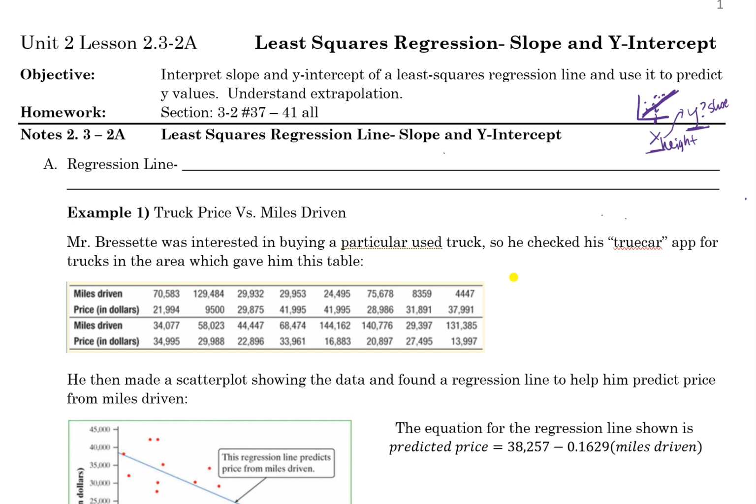Regression line is one of the names. Also called the line of best fit. It's also called the least squares regression line. They all mean the same thing.